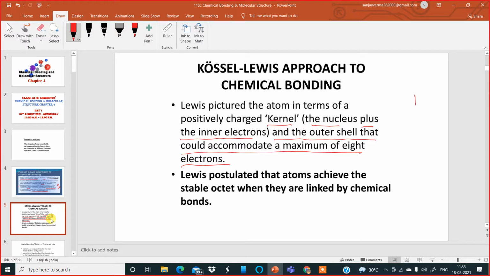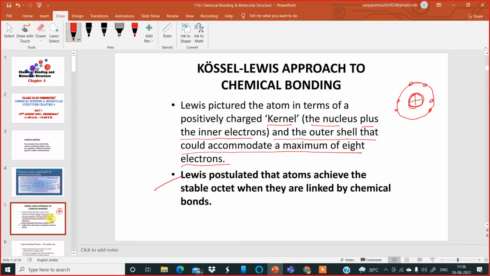So if there is a nucleus in the center, it contains electrons which are completely filling the subshells, and outside it there is a shell or a subshell which can accommodate a maximum of 8 electrons. So that was according to Lewis.